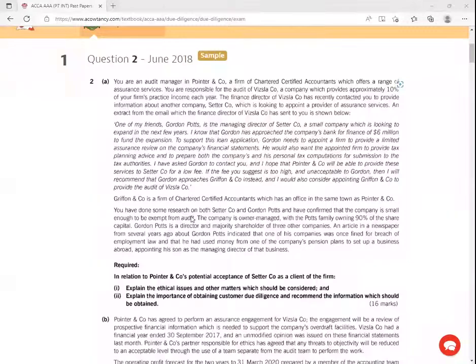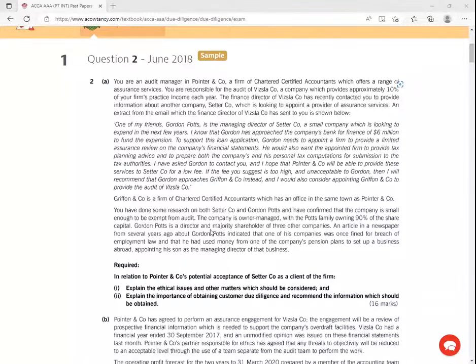Now, ladies and gentlemen, we are told here, you've done some research on both Theta Company and Gordon Ports, the director, and have confirmed that the company is small enough to be exempt from audit. The company is owner managed, with the Ports family owning 90% of the share capital.